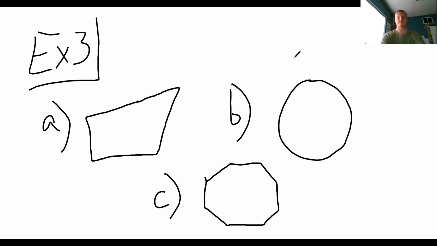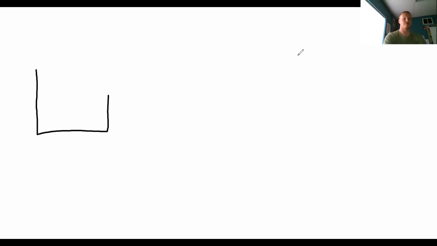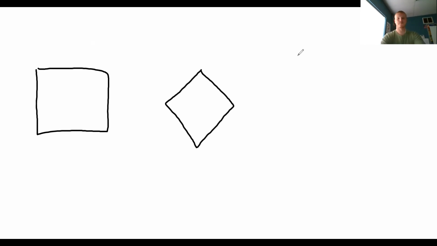So let me show you some examples of a quadrilateral here. Just a regular square, that's a quadrilateral. This diamond, that's a quadrilateral. This funny looking shape that I'm making right here actually kind of ends up looking like a kite.